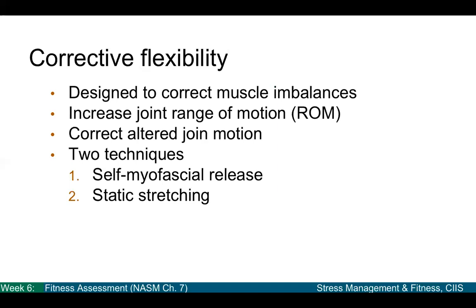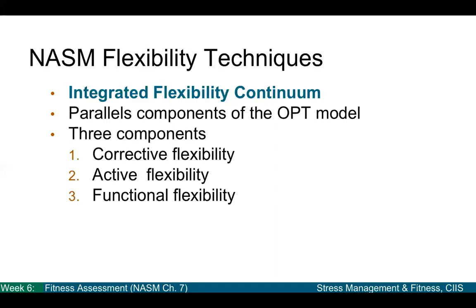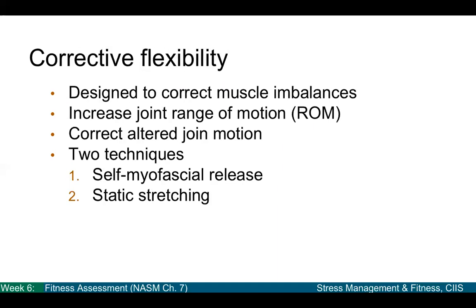We have self-myofascial release, also known as SMR, and we have static stretching. Again, these are two techniques that are part of the corrective flexibility component of the integrated flexibility continuum.